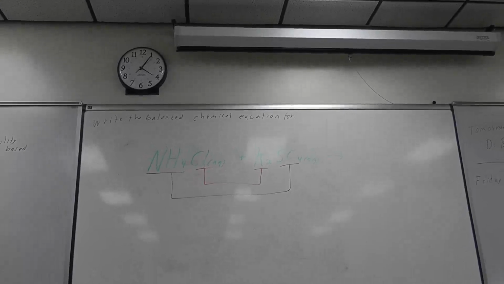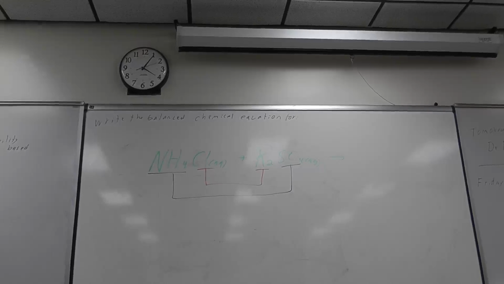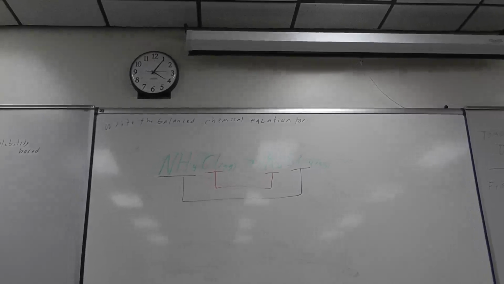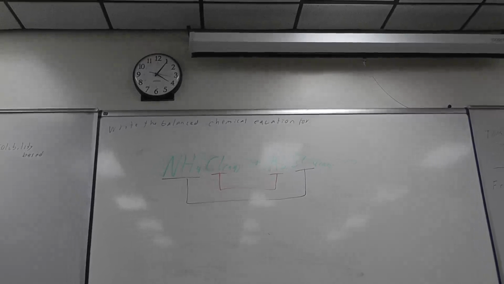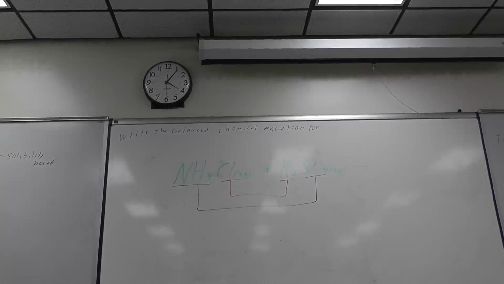Hopefully you're not writing down any products. Because ammonium with sulfate, rule number 1 tells you that that would be a soluble compound. And potassium with chloride, rule number 1 also tells you that's a soluble compound, right?